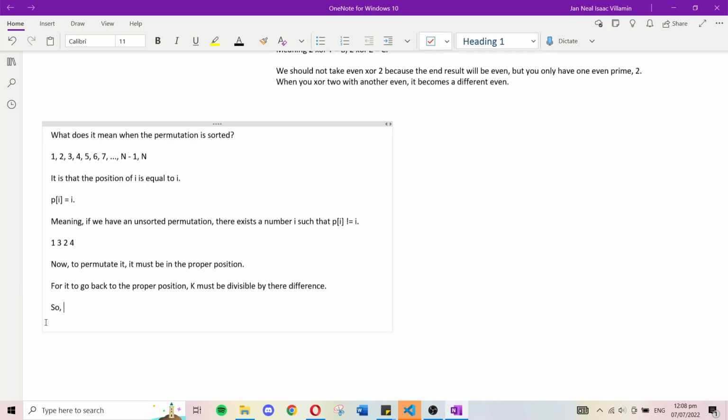So I claim that the maximum is the GCD of all Pi minus I, where I is from 1 to n that is misplaced.